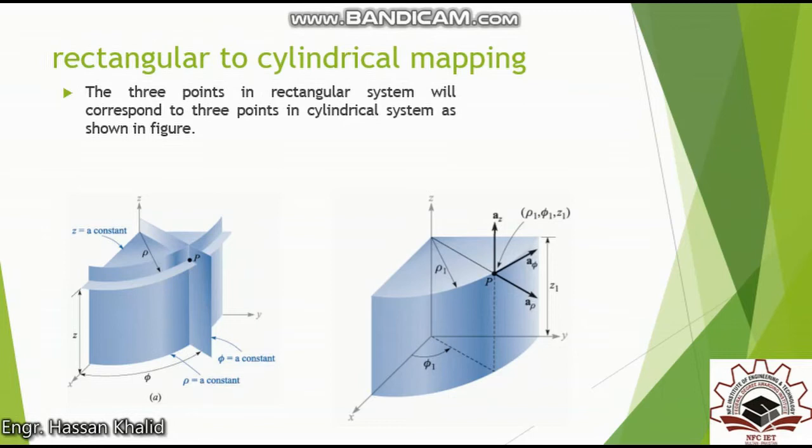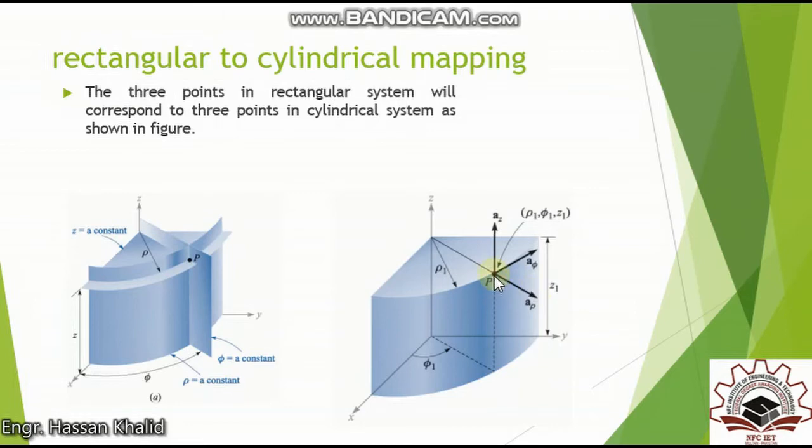Now every point in the rectangular coordinate system will correspond to a certain point in the cylindrical coordinate system as well. Now we can easily transform the rectangular coordinate system into the cylindrical coordinate system by extending the unit vectors in the direction of these cylindrical coordinate vectors.